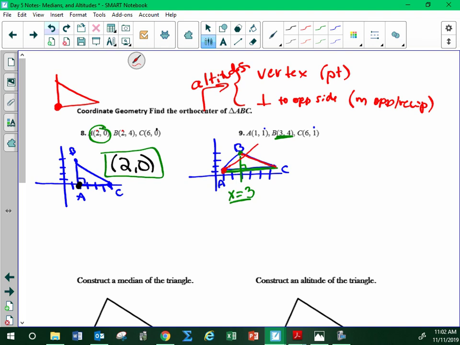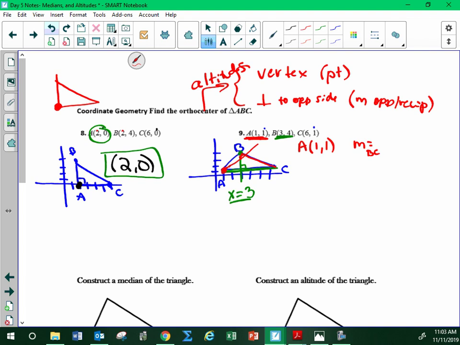Here's my altitude, so it's perpendicular. It goes through point A, so I have my point. But I need my slope. It has to be perpendicular to line BC. So what is my slope for BC?